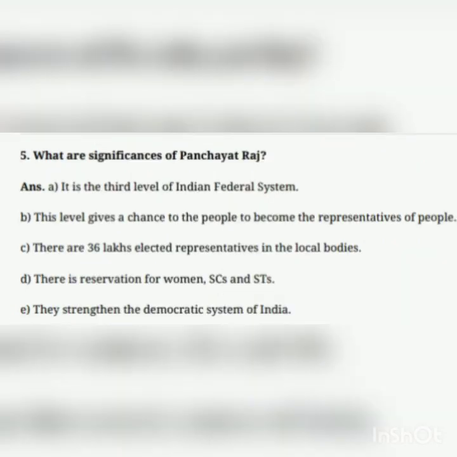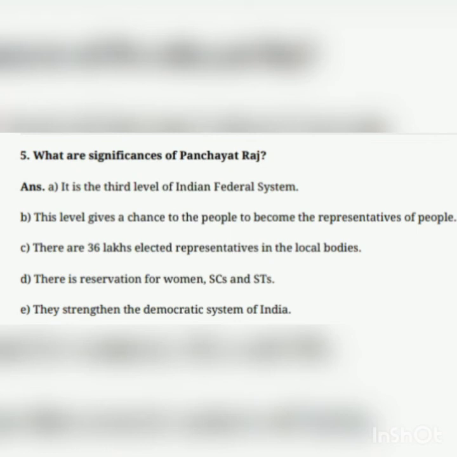Next. What is the significance of Panchayat Raj? First, what is Panchayat Raj? It is the third level of the Indian federal system. First level union government, second level state government, third level is local bodies. Under the local bodies, the Panchayat Raj system will come.